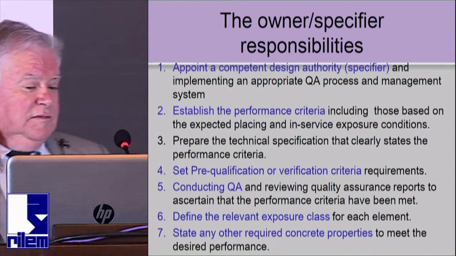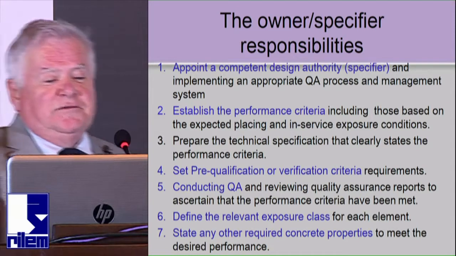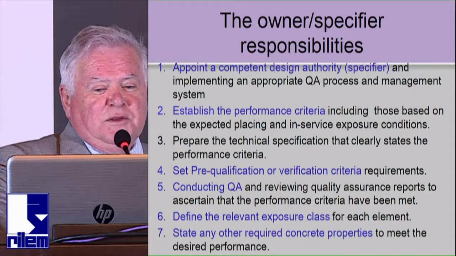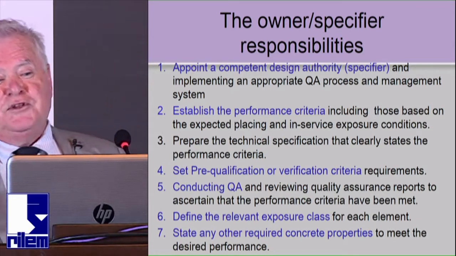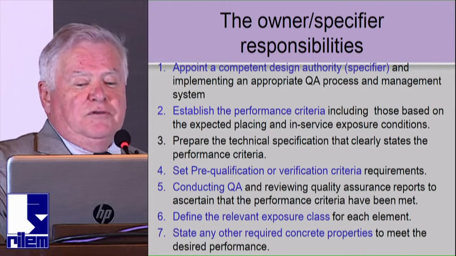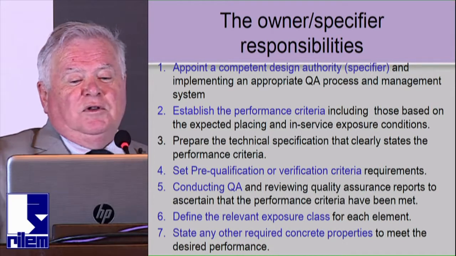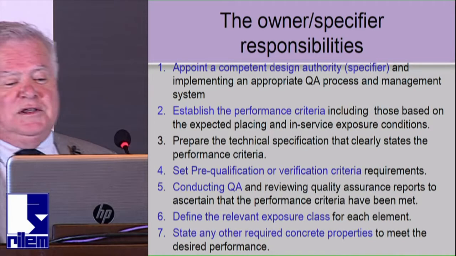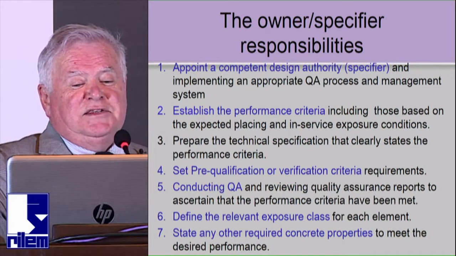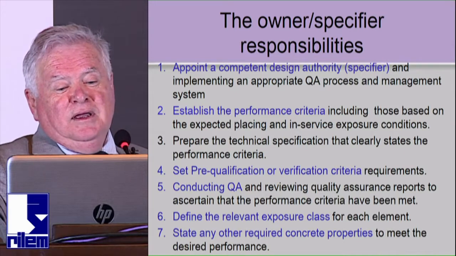So this is largely from the Canadian specification, where we define all these details about responsibility. The owner or the owner's specifier needs to appoint a competent design authority, who is the specifier, to implement that quality assurance process. You need to establish the performance criteria based on the placing and in-service conditions.